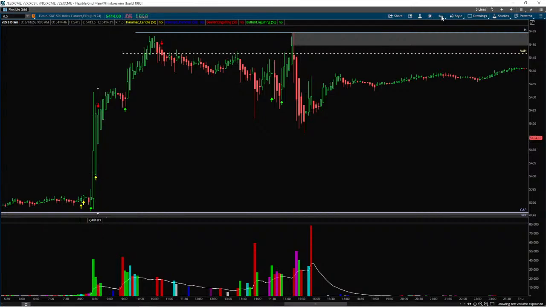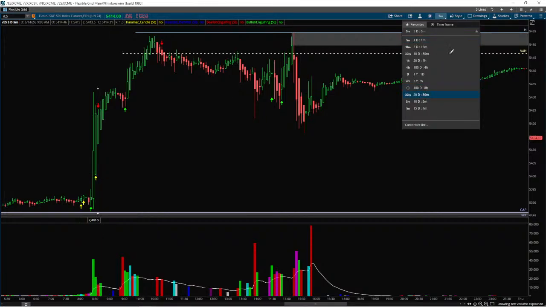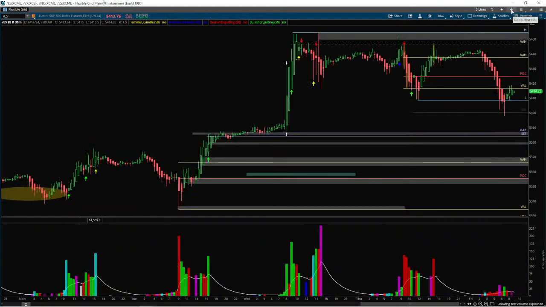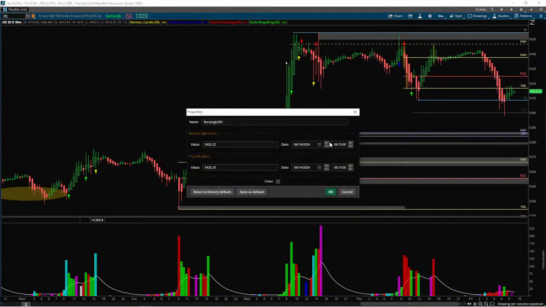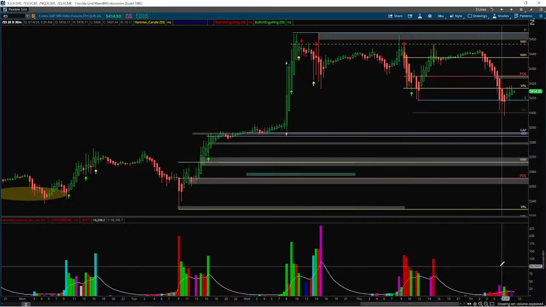Alright, let's put you back in the 30. And let's go over to just long candle volume doing. Is this here? Alright. I'm gonna mark this as an area of interest. There's the highest volume that's sticking out.